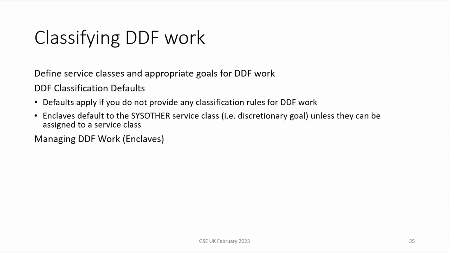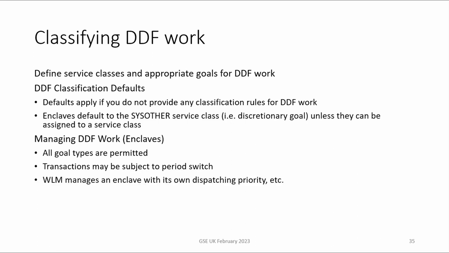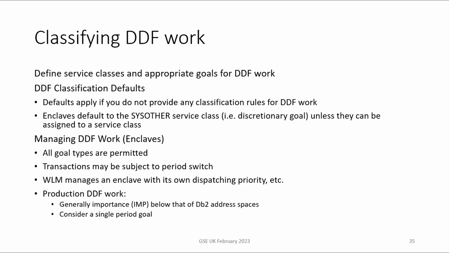And then for managing those enclaves, you can use any of the goal types. If you have multiple period goals, then they might be subject to period switch, like the example we went through earlier. And WLM will manage the enclave with its own dispatching priority as it runs. And again, production DDF work should be below that of DB2.